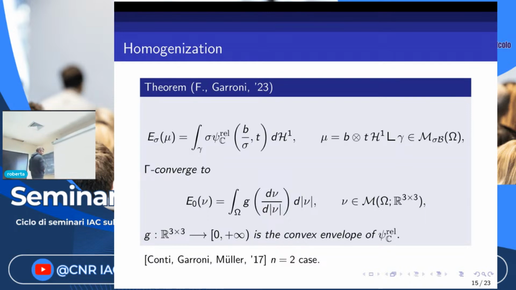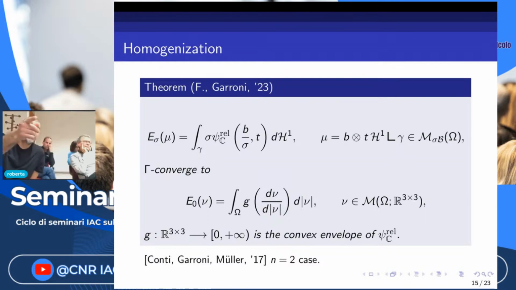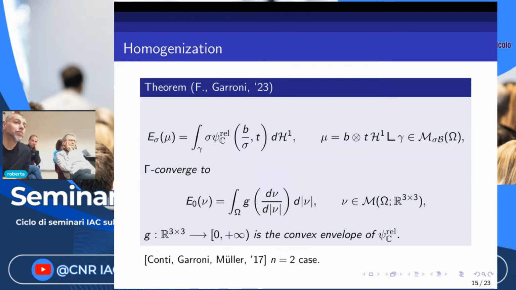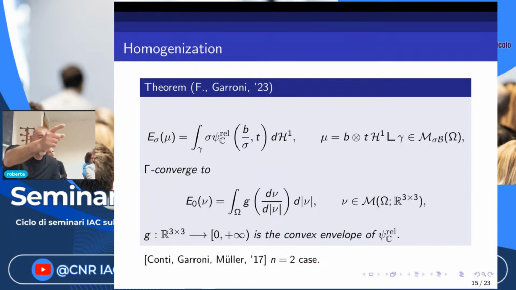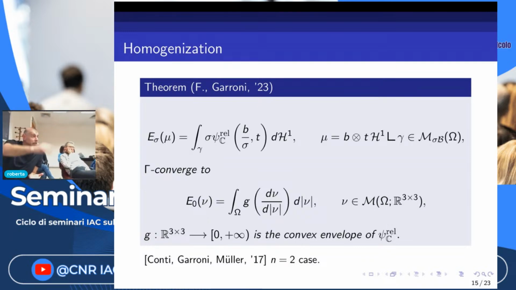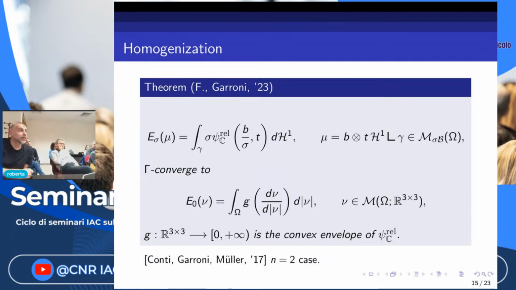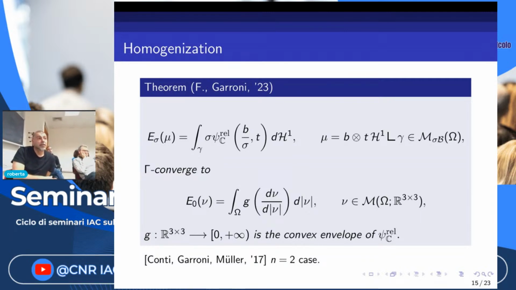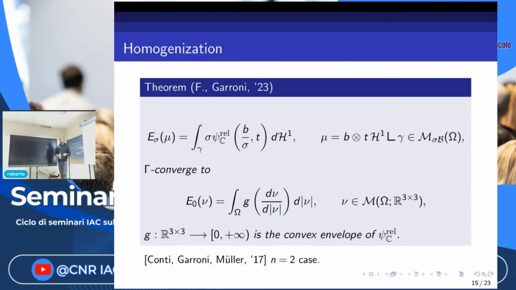Sorry, Martino, but does this say that you can use G in place of C_rel? Can you replace C_rel with G? This is the meaning of this result. If, as sigma gets smaller, the approximation gets more and more relevant and meaningful, then yes, the minima of one problem can approximate the minima of the other.